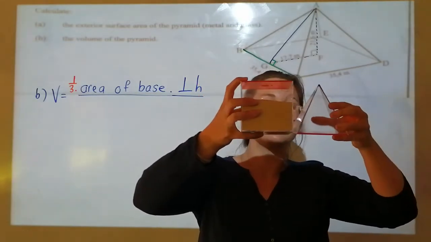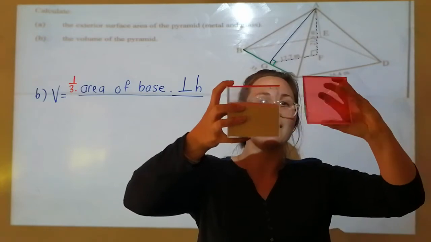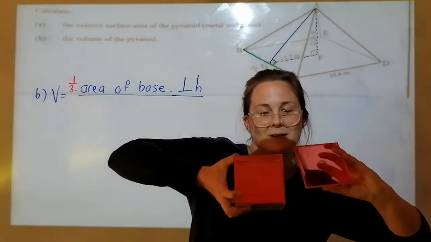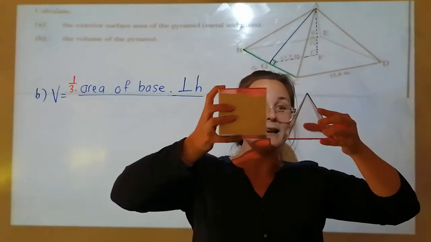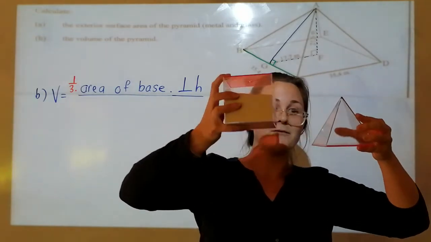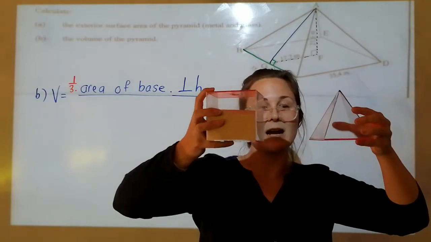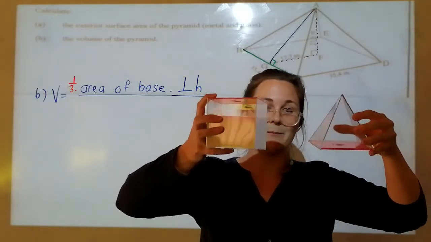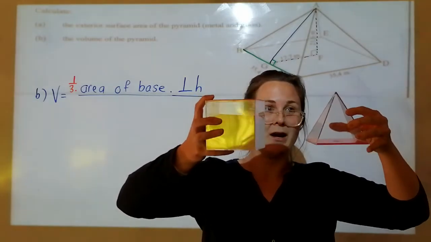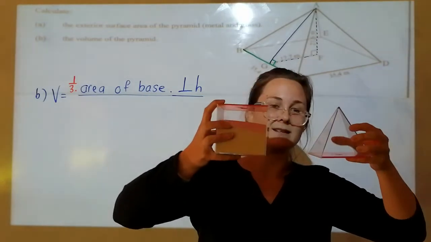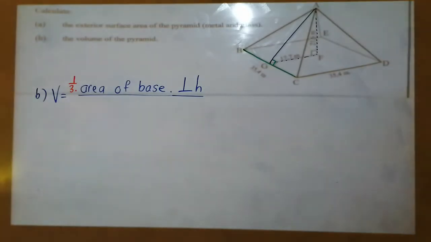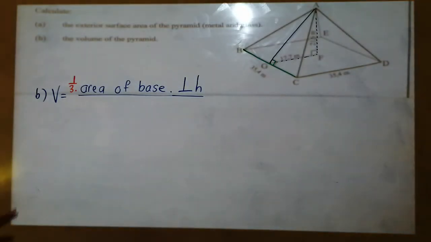As long as they have the same perpendicular height and they have the same base, I don't want to tip this in case the sand falls out, right? Then 3 of these would fit into one of these, just like we did with the cylinder and the cone. 3 pyramids would fit into one of these cubes. So that's why we get that dividing by 3 or 1/3.